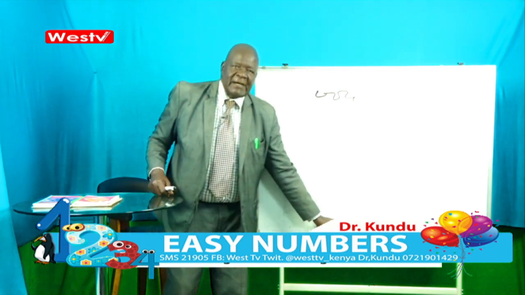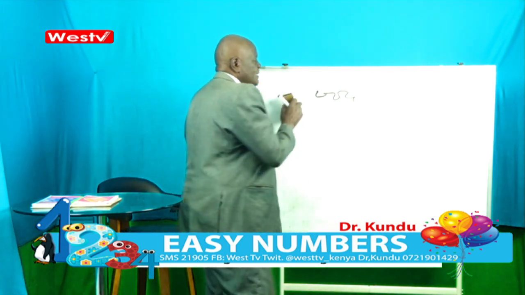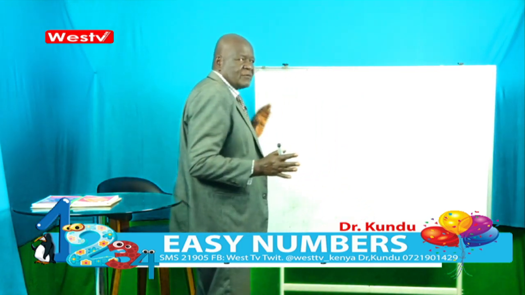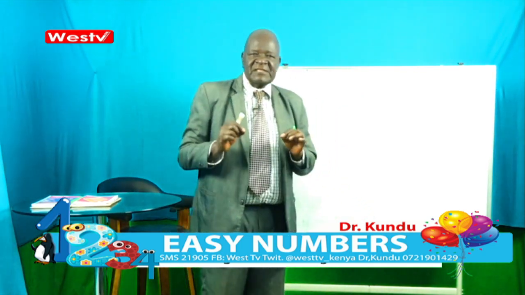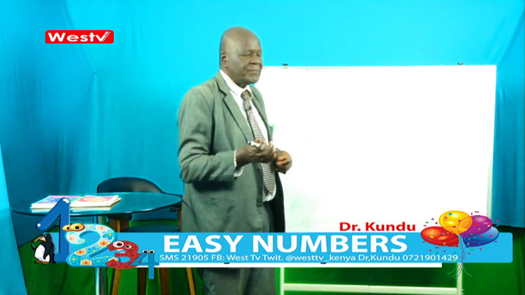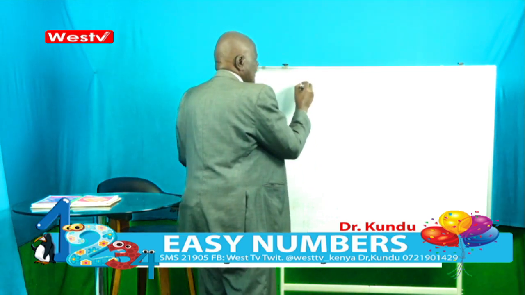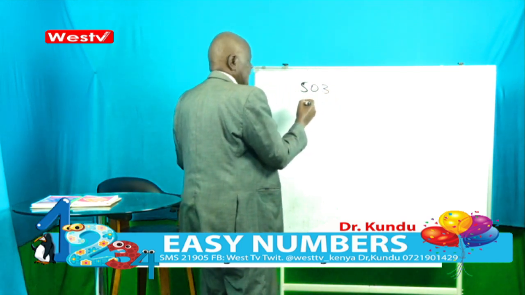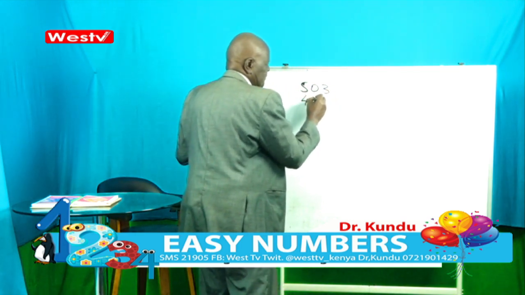Last weekend, I was talking about numbers between 100 and 1000, provided that the center digit is a 0. Numbers like 5 0 3, multiply this by 4 0 6.